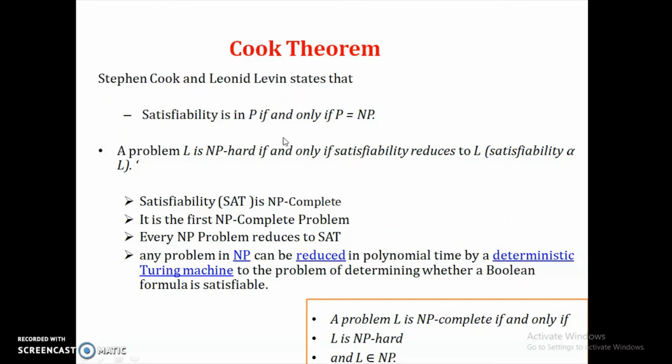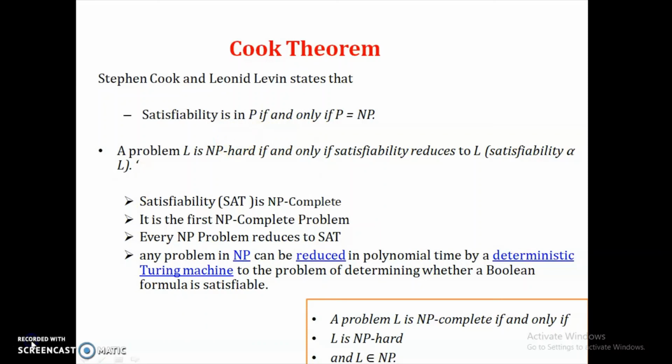That means any problem in NP can be reduced in polynomial time by a deterministic Turing machine to the problem of determining whether a Boolean formula is satisfiable. For example, if you take the subset problem or the clique problem and represent it as a Boolean formula which is satisfiable, then you can say that problem is an NP complete problem. So every NP problem reduces to SAT, that is the satisfiability problem.